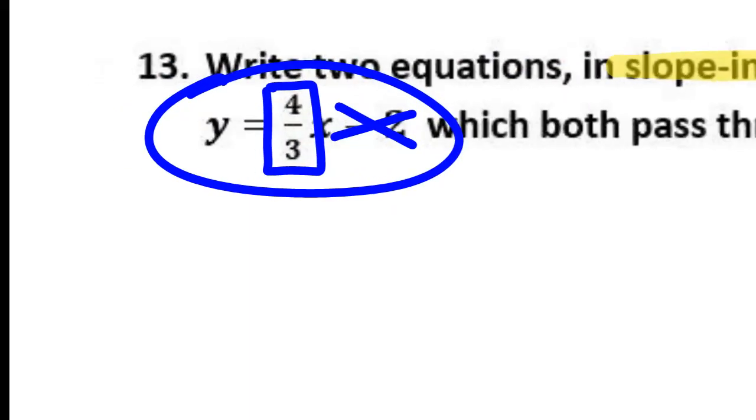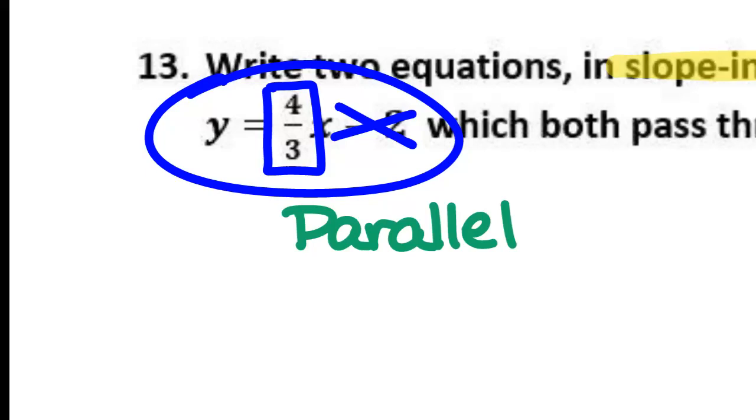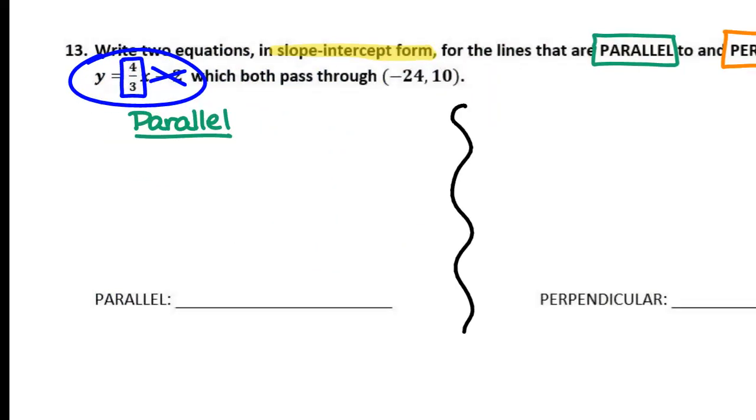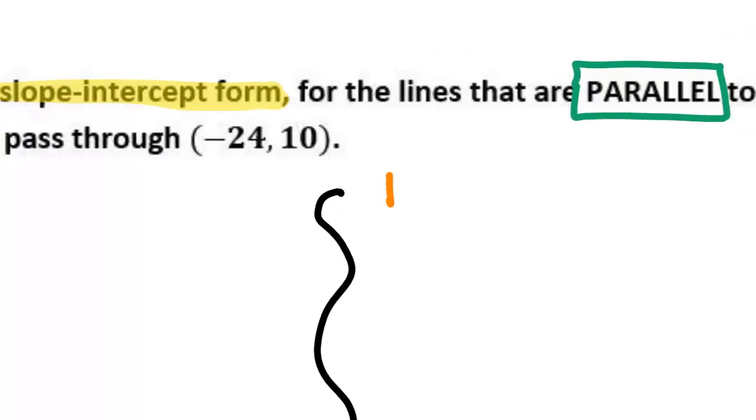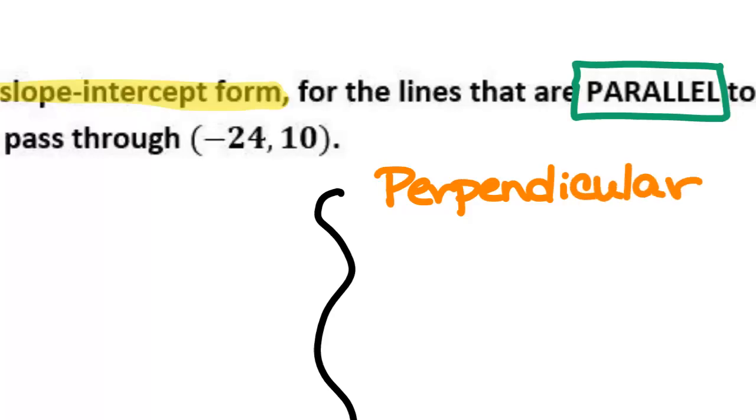So I'm going to split my page down the middle. We're going to do parallel on one side. And we're going to do perpendicular on the other side. What's the important thing I need to know about parallel?